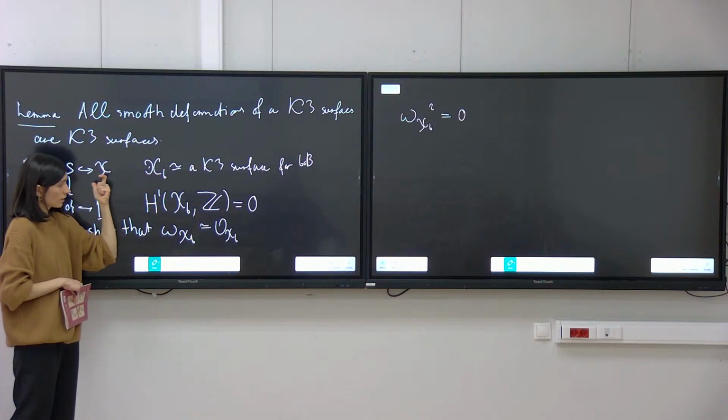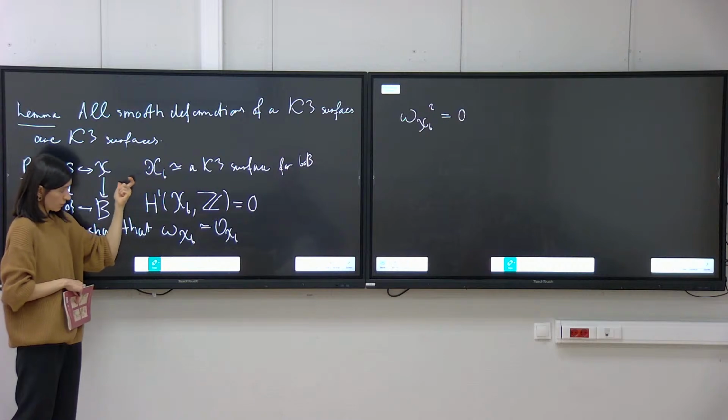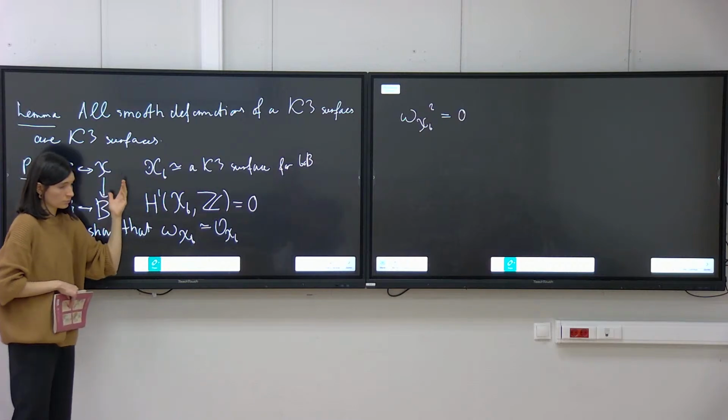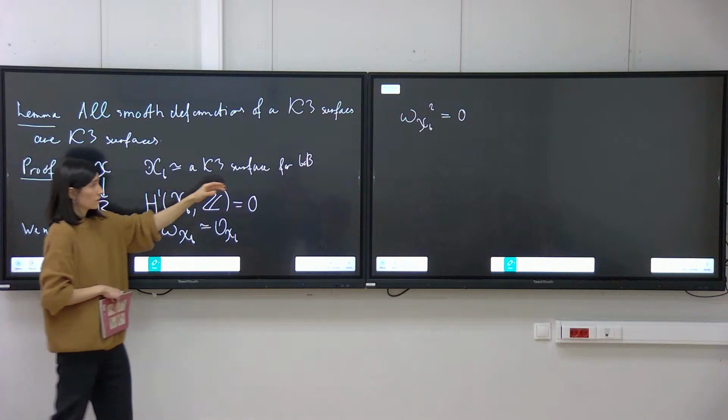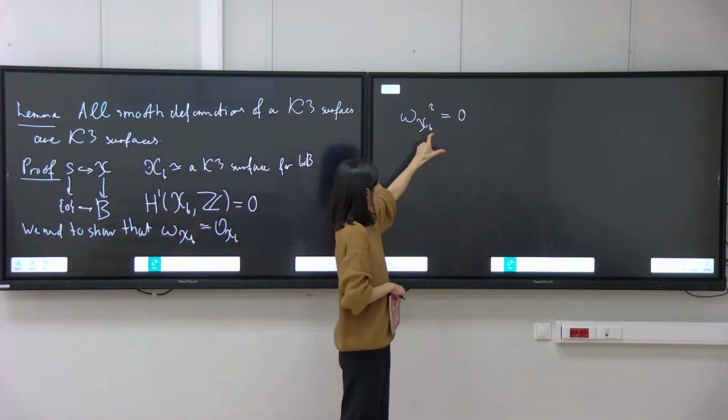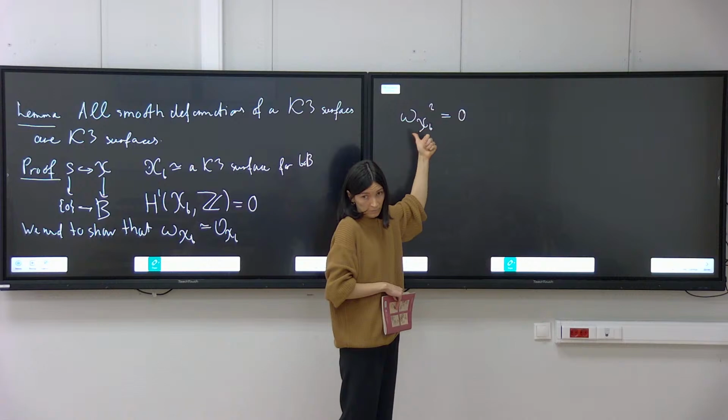So we see that the Hilbert polynomial of canonical bundles of fibers is constant, just because the Hilbert polynomial in flat families is constant. And this is the top degree of the Hilbert polynomial: the self-intersection of the canonical bundle.